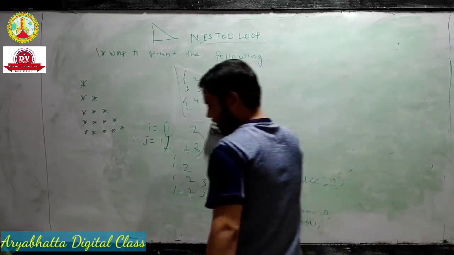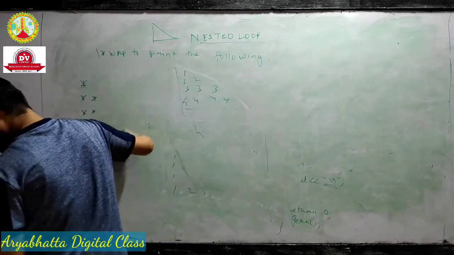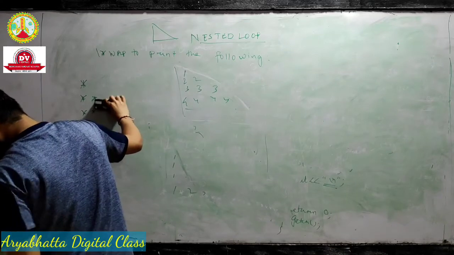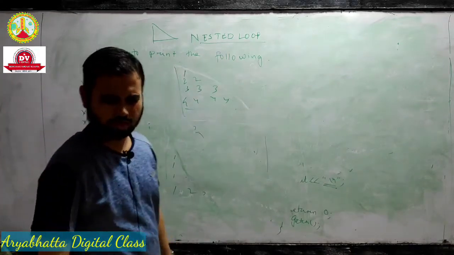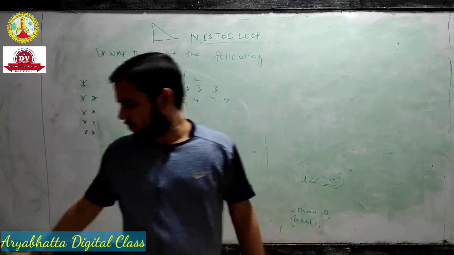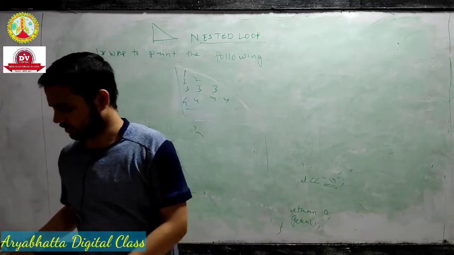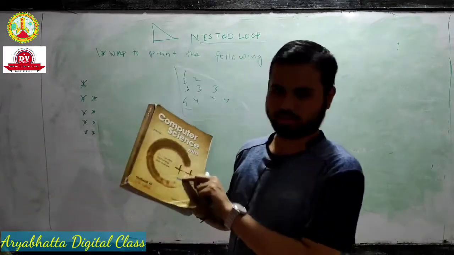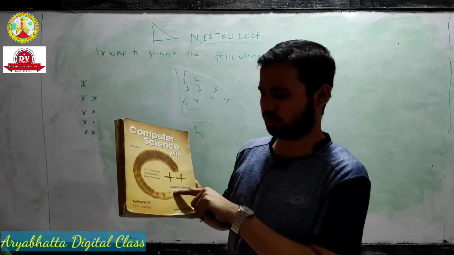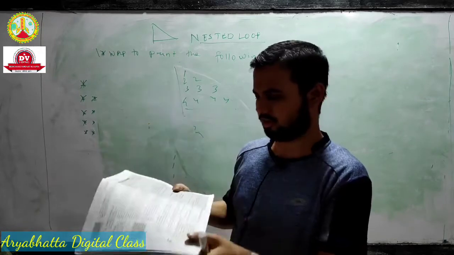Next we study some statements. If you buy this book and study it, this will be your textbook. In an earlier class I showed you, and again I am showing you, you should study this book. This is an important textbook for your second year, by Sumita Arora.